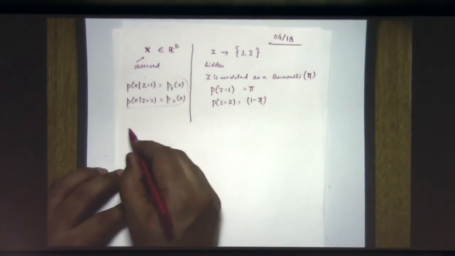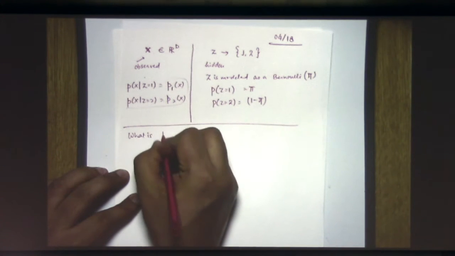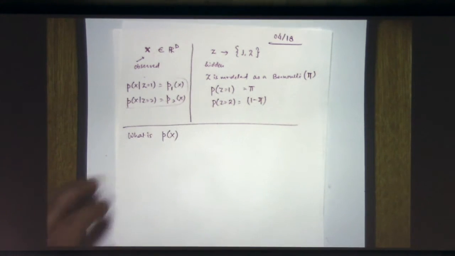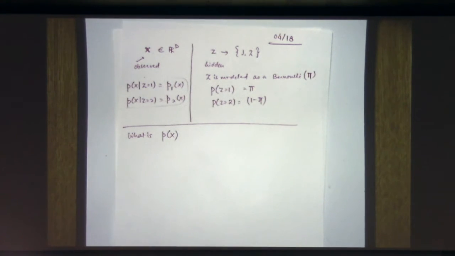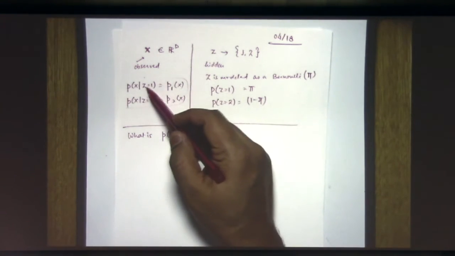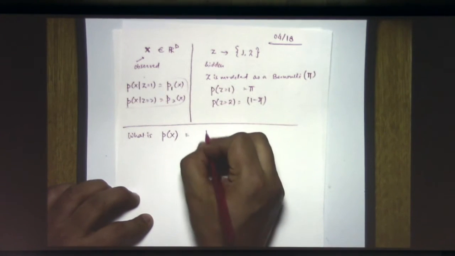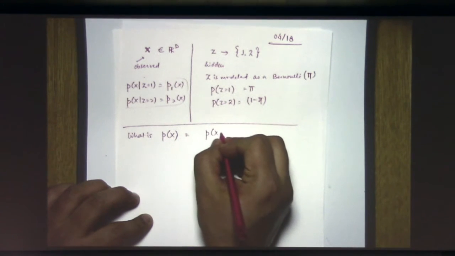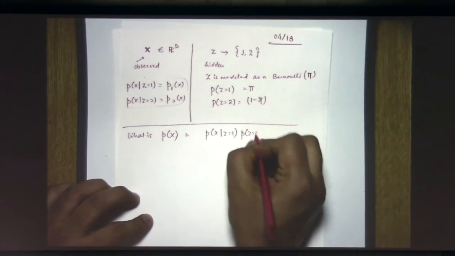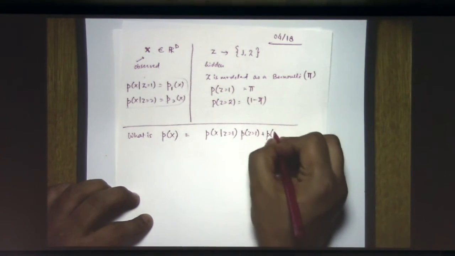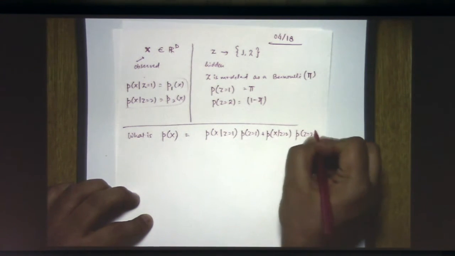So if I ask you what is p of x, this is kind of like the marginal of x, because we are marginalizing over the value of z. So this would be written as p of x given z equal to 1 times p of z equal to 1, plus p of x given z equal to 2 times p of z equal to 2, right?